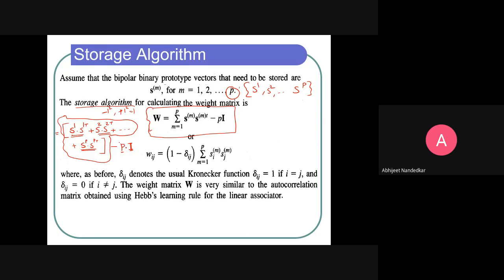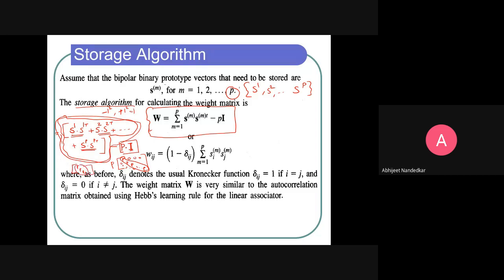Then we take the identity matrix, where all elements other than the diagonal are 0 and the diagonal is 1. When I multiply it by p, the diagonal will be p, p and so on. So the diagonal of the outer product summation is also p.